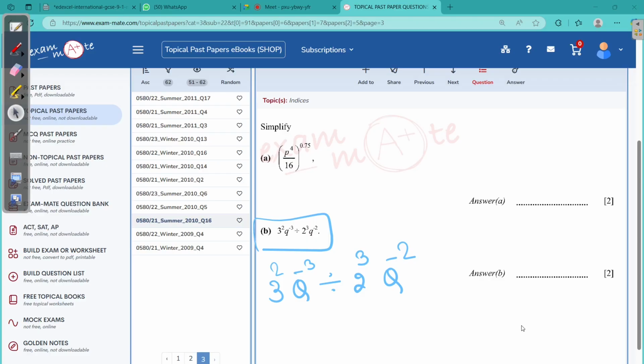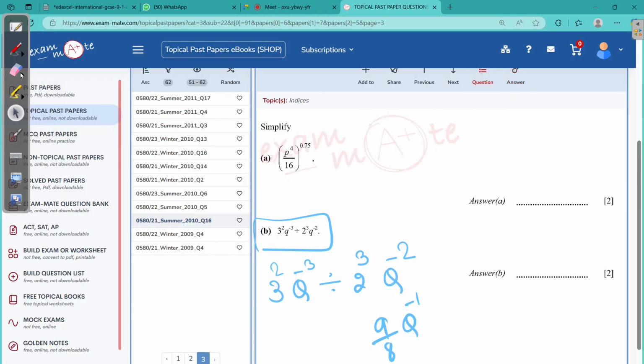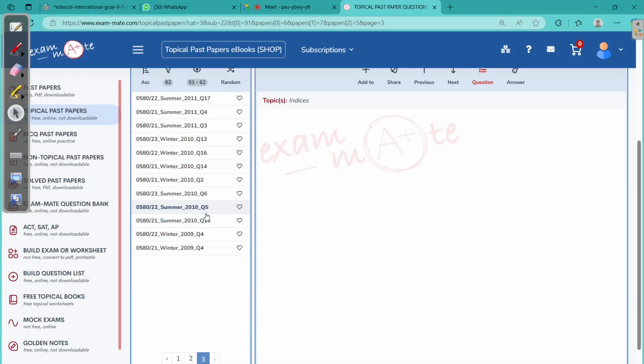Is it like 9/8 q to the power of -1? 9 over 8 q raised to power -1? Let me check. Correct. Absolutely correct. Very good. Very nice. Okay, let us take the other question.